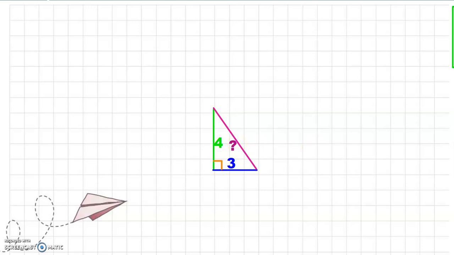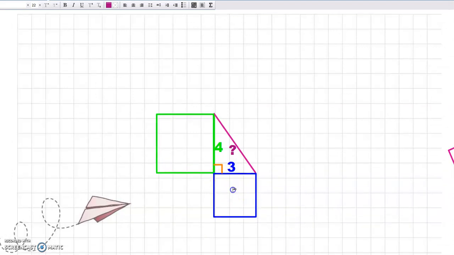Well, years ago, mathematicians noticed a specific pattern. They noticed that if they took the side length and squared it, to literally form a square on both of the legs, the square of this one would be 9. So this square has an area of 9. I know it's not lined up very nicely, but it did at one point.